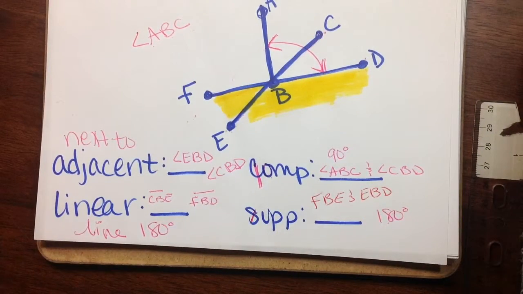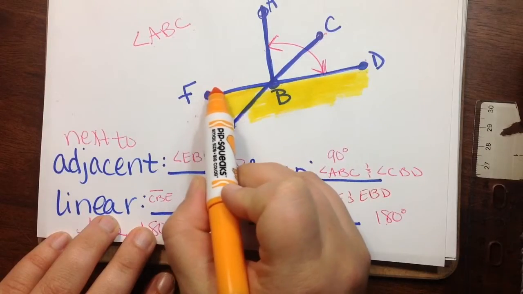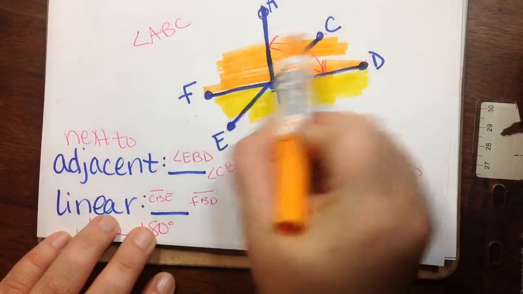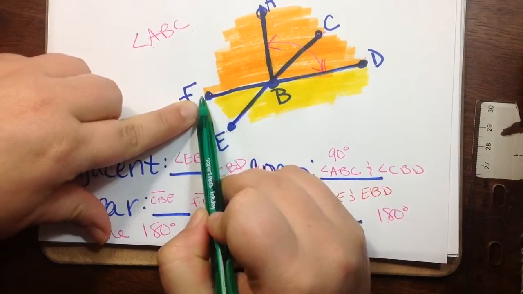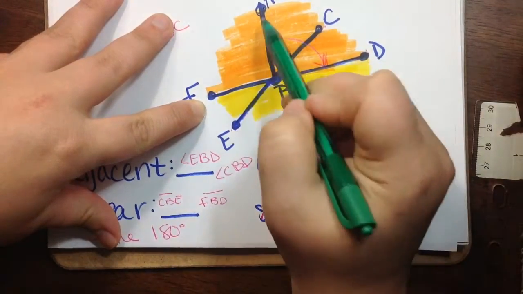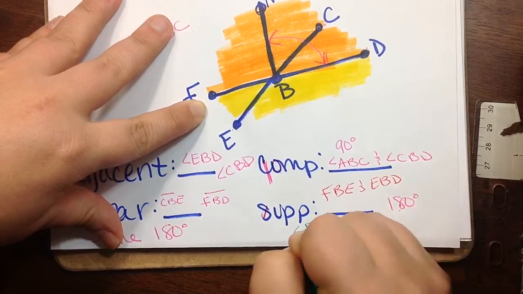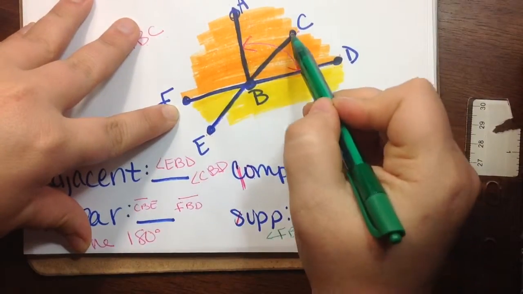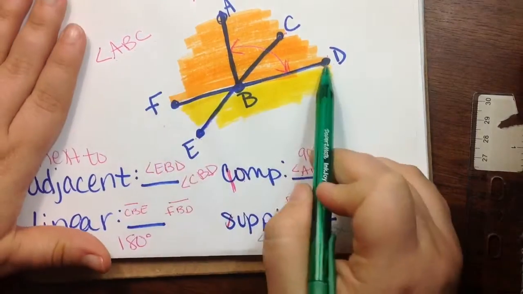That makes a straight line. What else could make a straight line? Let me use a different color. Let's go right here. What about these? This makes a straight line, but this isn't two angles. This would be three angles that make a straight line. So I can combine FBA with ABC, and finally angle CBD, and I can get a straight line.